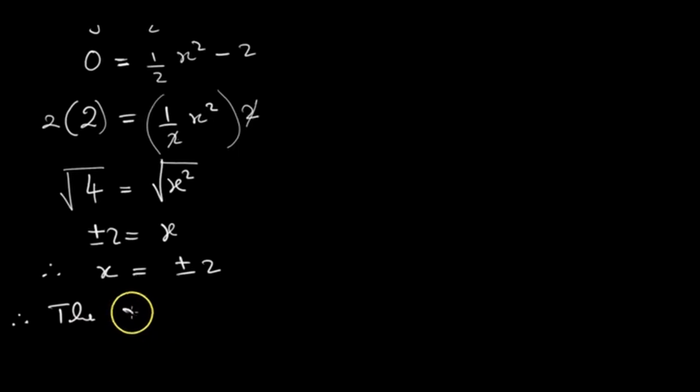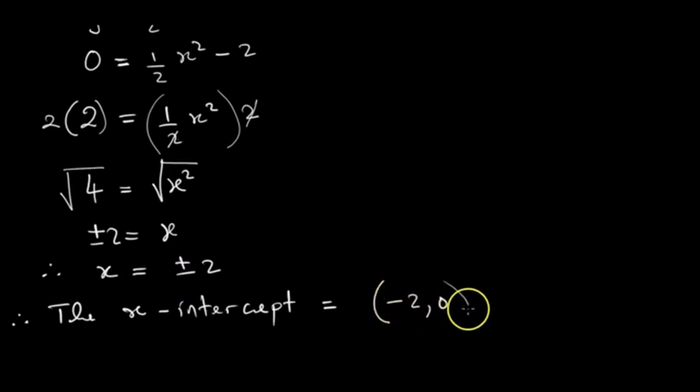Therefore, the x-intercept: x is equal to minus 2 when y is 0, and x is also equal to 2 when y is 0.